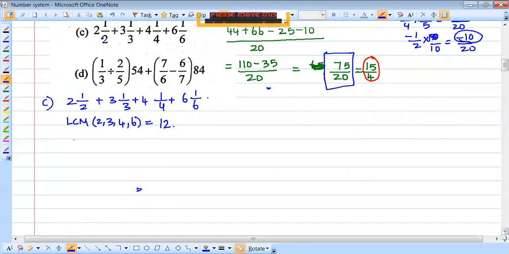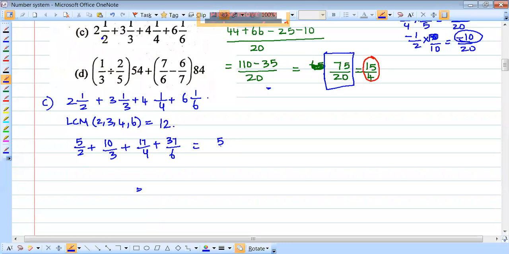Now, how can we write? 5 by 2 plus 10 by 3 plus 17 by 4 plus 37 by 6.